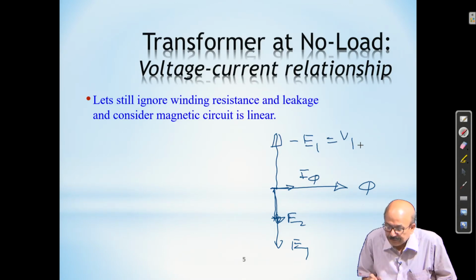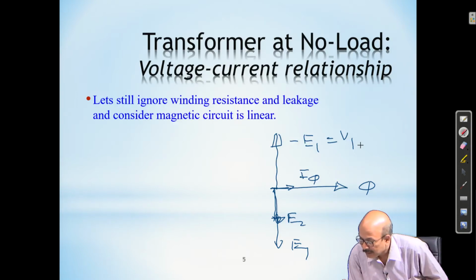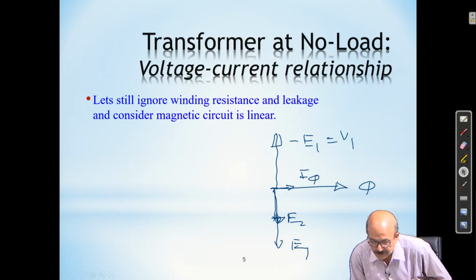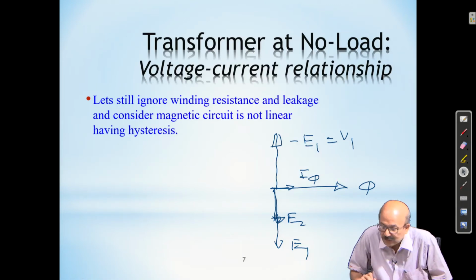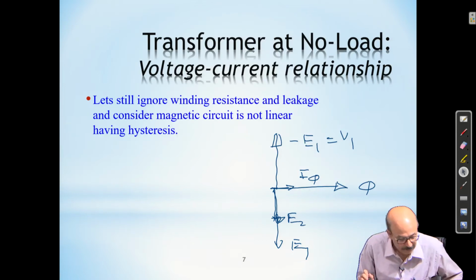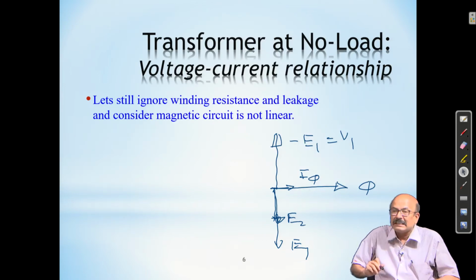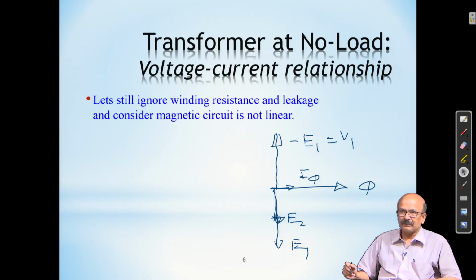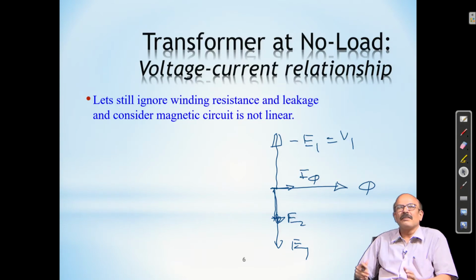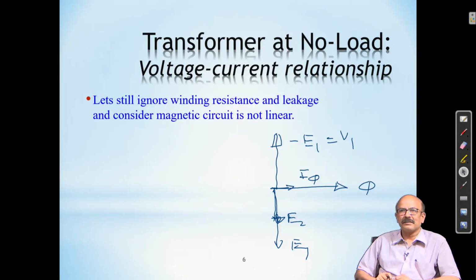And then next, if we consider the magnetic circuit is not linear, then last time we have seen what will happen: you have third harmonics coming into the picture, and we neglected third harmonics.